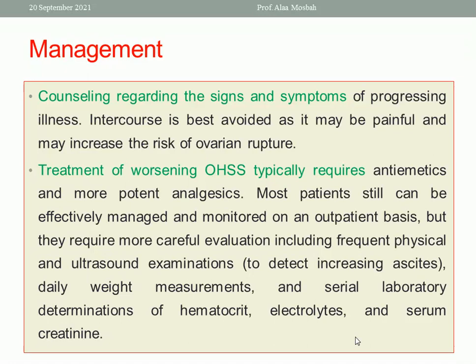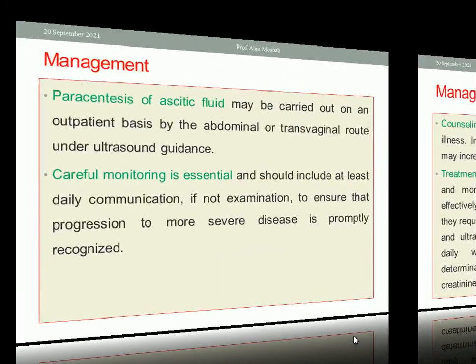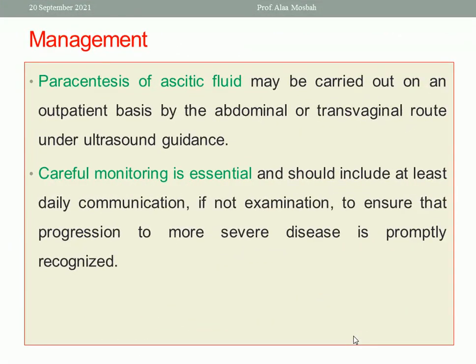They should do daily weight measurement and serial lab determination of hematocrit, electrolytes, and serum creatinine. This is very important. Paracentesis of ascitic fluid can be carried out on an outpatient basis, whether abdominal or transvaginal, under ultrasound guidance.